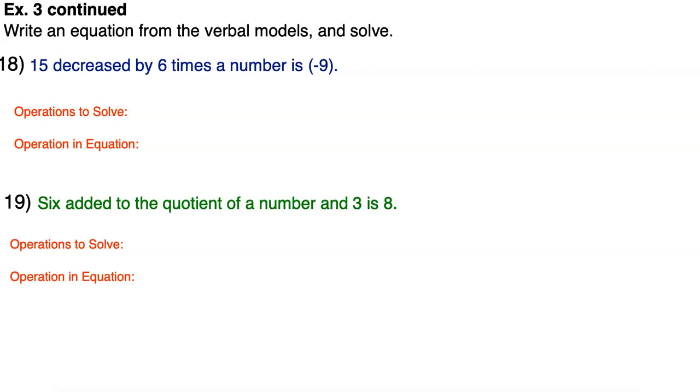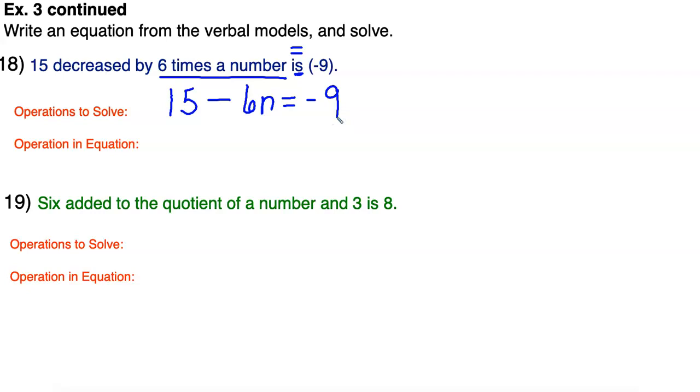So this one says to write an equation from the verbal models and solve. So it says 15 decreased by 6 times a number. Well, decreased by means to subtract 6 times a number, right there, 6n, is means equals -9.